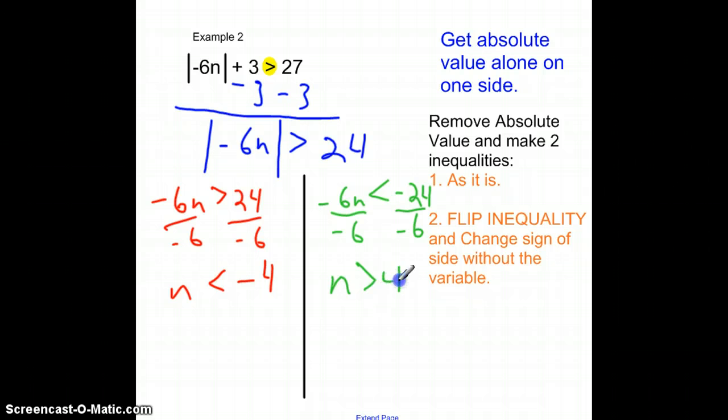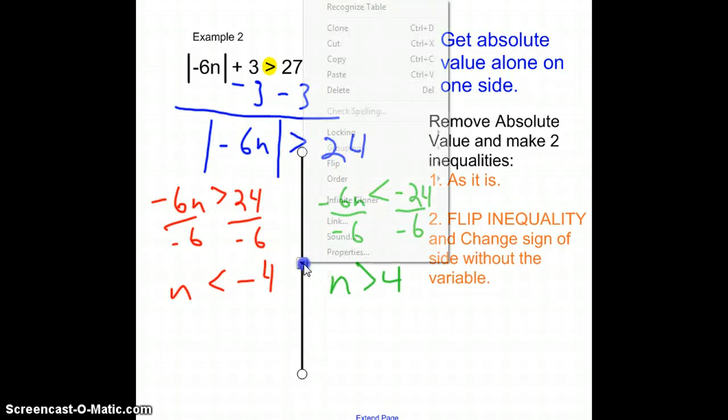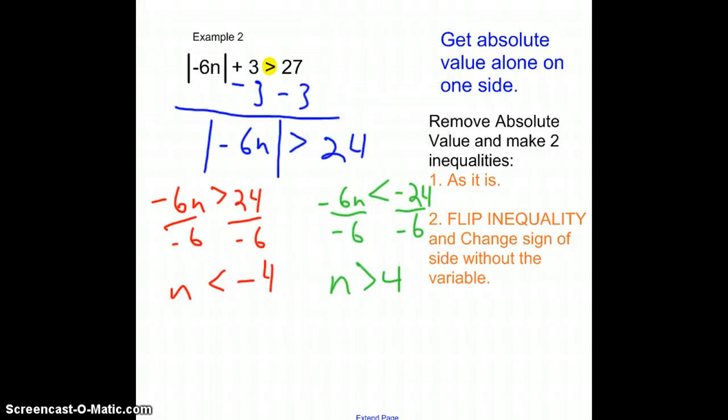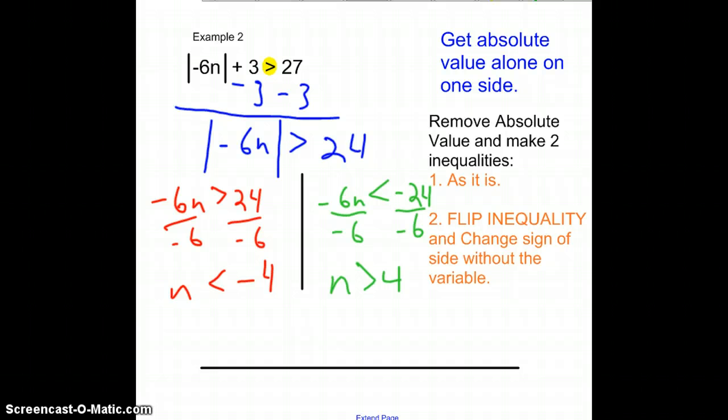So if I wanted to create a number line here to graph the solution, let's take our 0 here. We have n is less than negative 4.